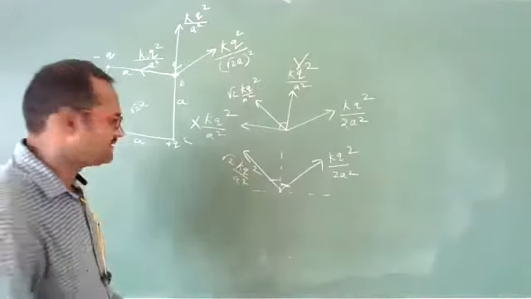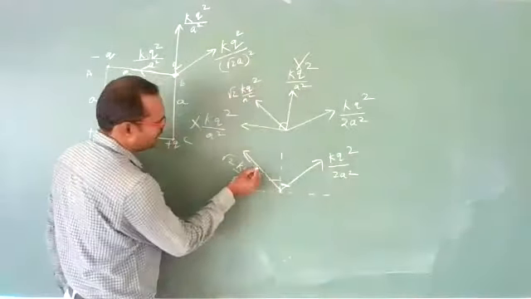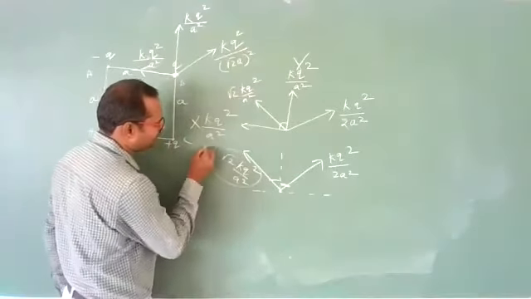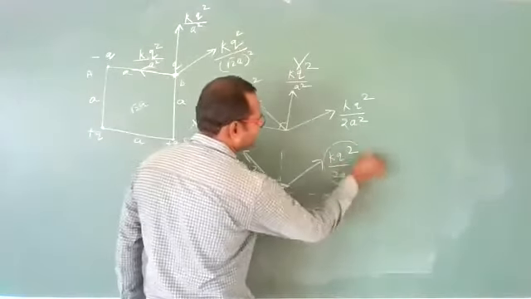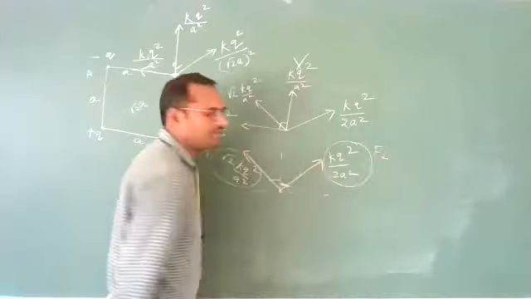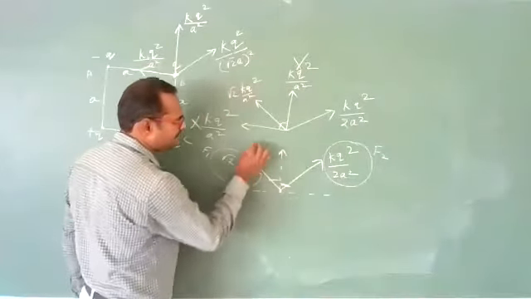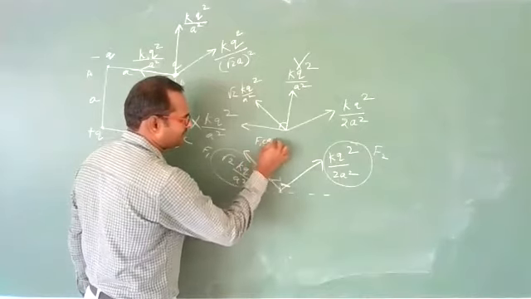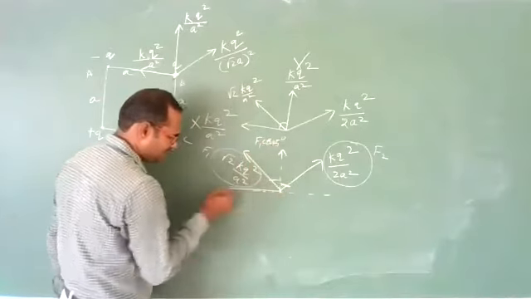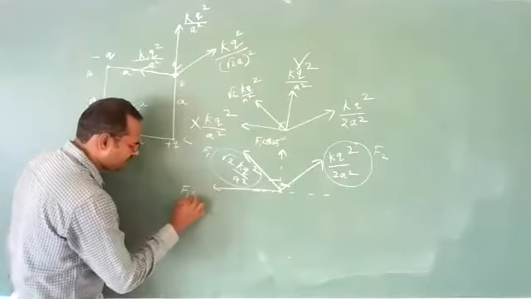Are you getting it, students? I am resolving this value. Let us take this total value as F1, and this total value as F2. Resolving into components, in this direction the value is F1 cos 45, and in this direction F1 sin 45.